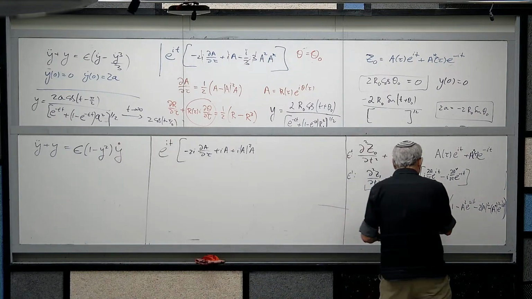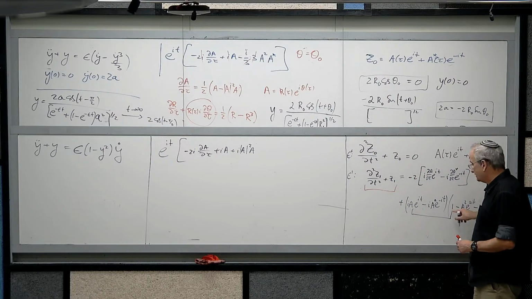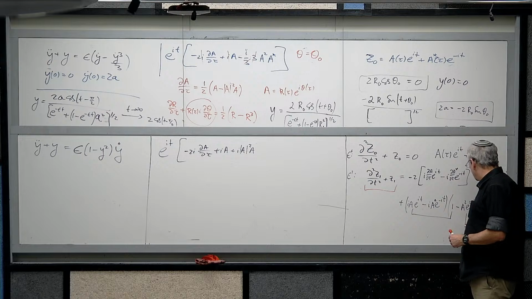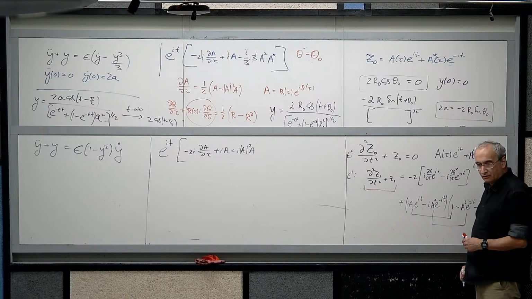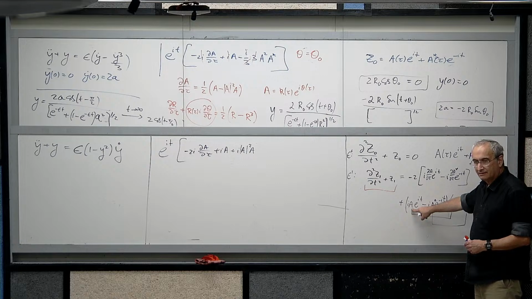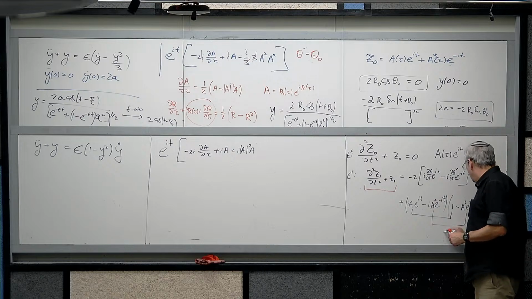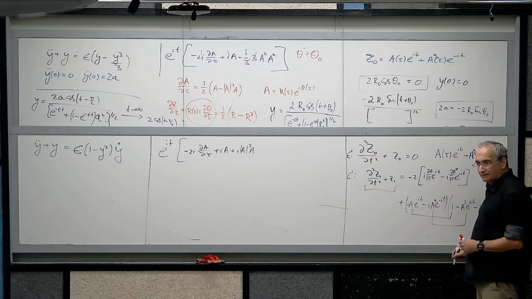Yes? And you have minus i. Wait. We had this one, right? That's a contribution of the one. This one gave us a contribution with that. Now, this one will give us a contribution with that. Yes, but it will be minus. So the only other term is this one with that.